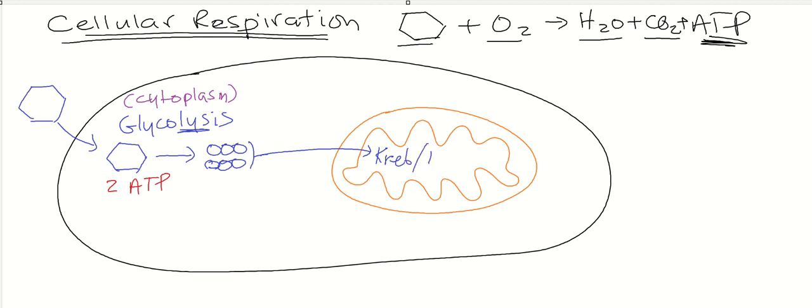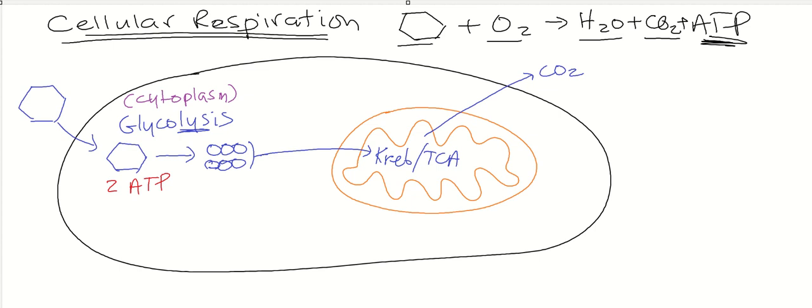The Krebs cycle is sometimes known as the citric acid cycle. They're just 2 names for the same thing. It's during the Krebs cycle that carbon dioxide is produced, and that's a waste. That's toxic to our body, so we need to breathe it out. It's cellular respiration that creates that stuff in our body.